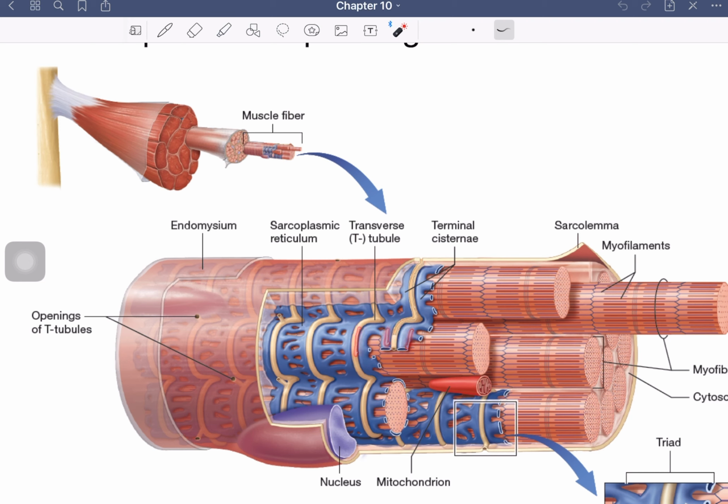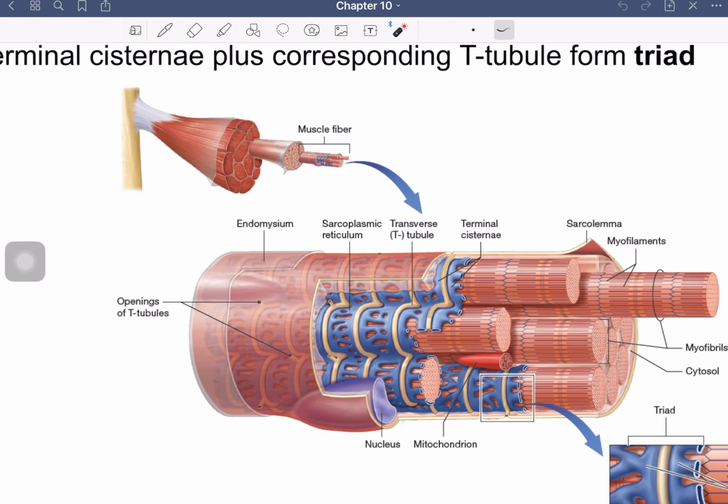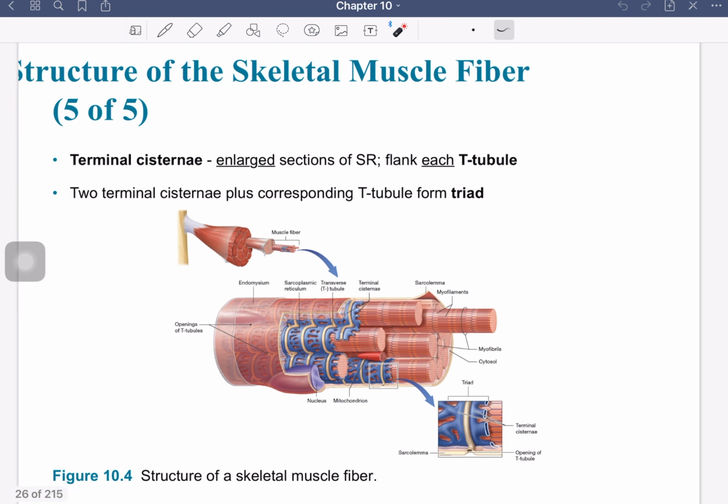So we have this grouping of 3 items, a T tubule and the 2 adjoining terminal cisternae, and we're going to call that a triad. So there's a triad, and there's another one. They're all over the place. All right. So that's the concept of a triad.